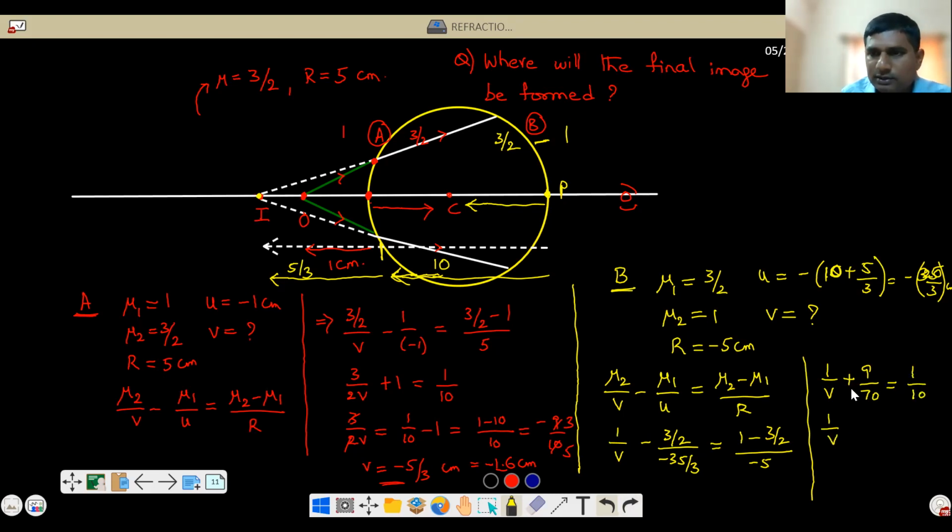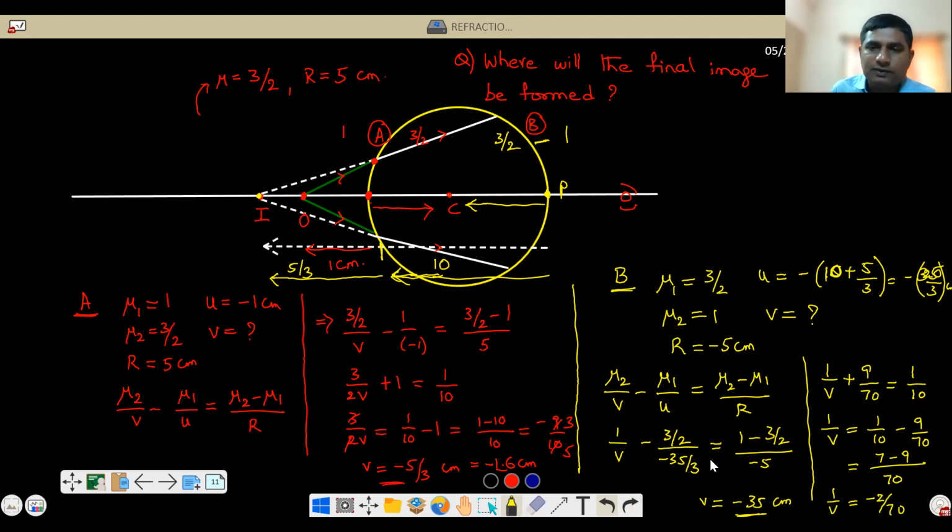So 1 by V is equal to 1 by 10 minus 9 by 70. So LCM is 70. 10 sevens minus 9. So that is equal to minus 2 by 70 is 1 by V, which implies V is equal to minus 70 by 2, which is equal to minus 35 centimeters. Minus 35 centimeters from where? From this pole. Please remember.